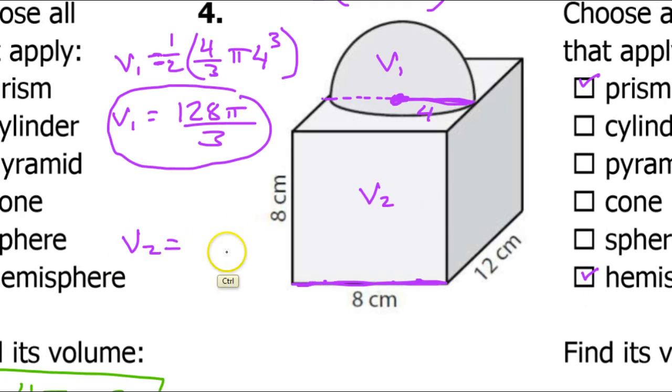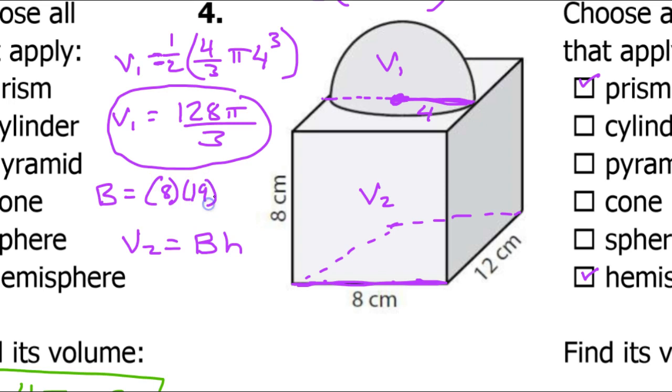Volume 2 is a prism, and the formula for the volume of a prism is the area of the base times the height. So let's figure out the area of the base. Well, here's the base right here. The area of this rectangle is 8 times 12. So that's going to be 96.